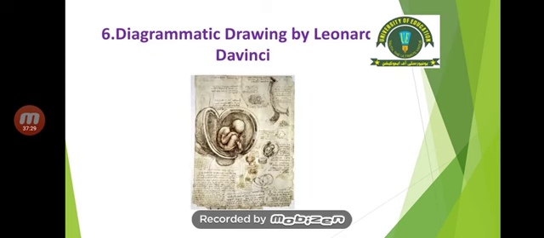Here is another diagrammatic drawing by Leonardo da Vinci, who was not only the very famous painter from Renaissance, but he was also a very remarkable draftsman. He was working on various mechanisms at that time.